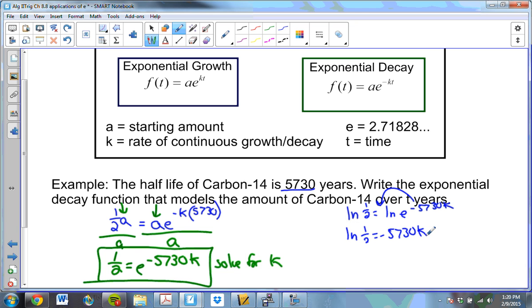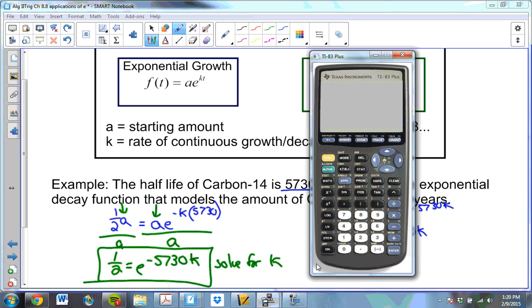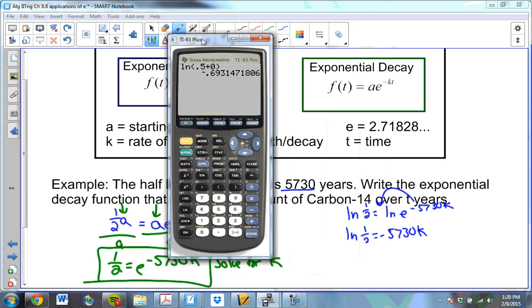The natural log of 1/2 is going to be a very small, negative number. The natural log of 0.5 is negative 0.69. Divide that by negative 5,730, and you get a very small number.